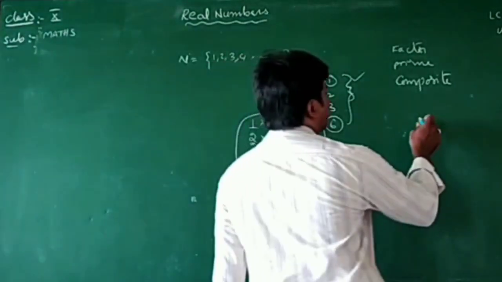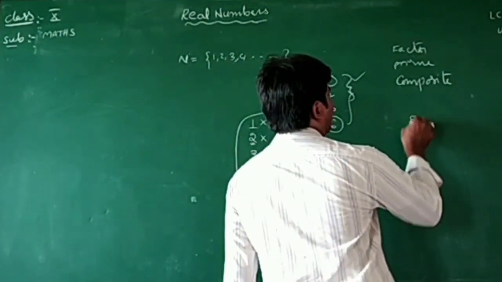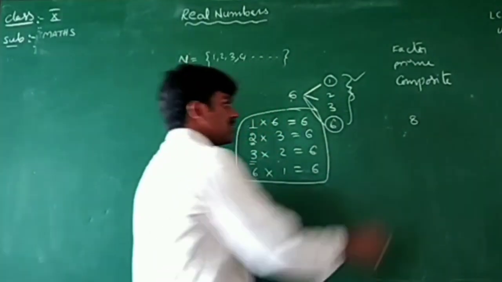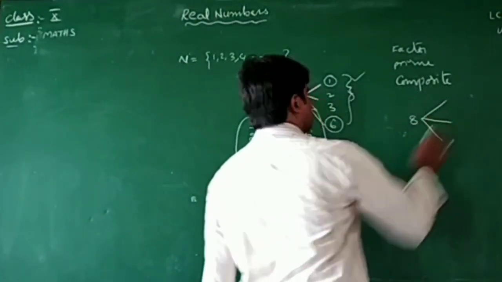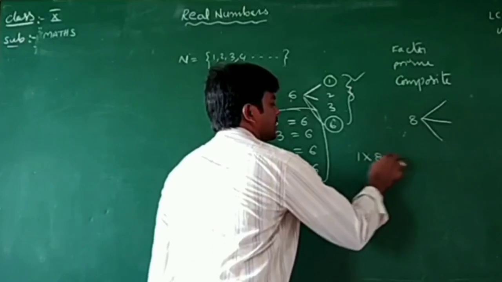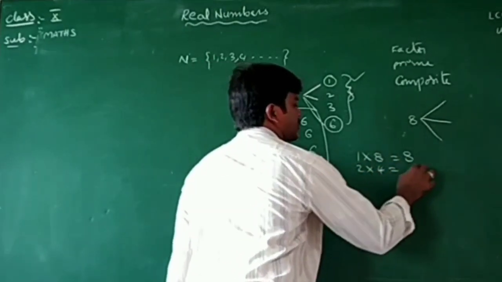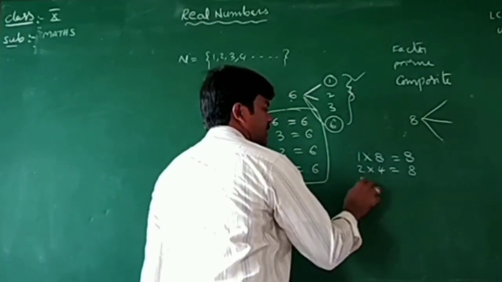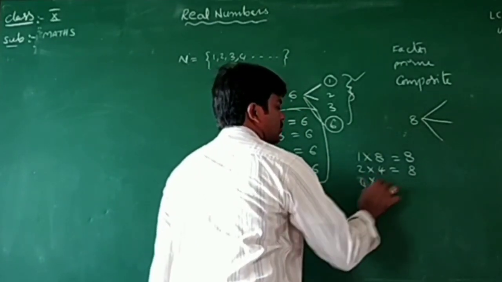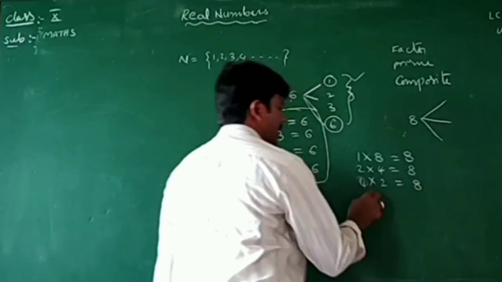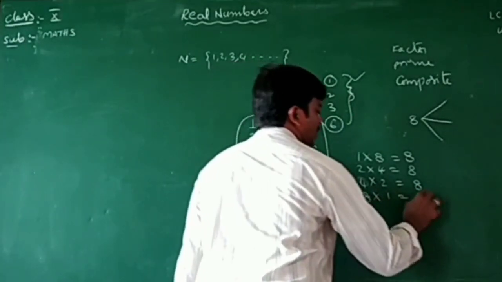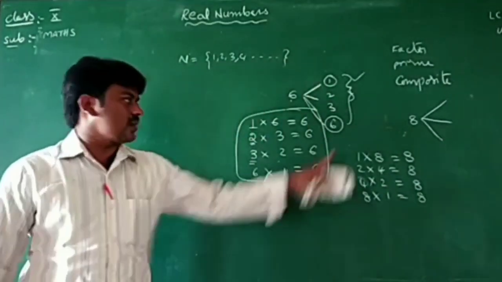Suppose we take another number, like 8. What are the factors of 8? 1 divides 8, 8 times, 1 8 is 8. 2 divides 8, 4 times, 2 4s are 8. 4 divides 8, 2 times, 4 2s are 8. And 8 divides 8, 1 time, 8 1 is 8. Is there any other factor?